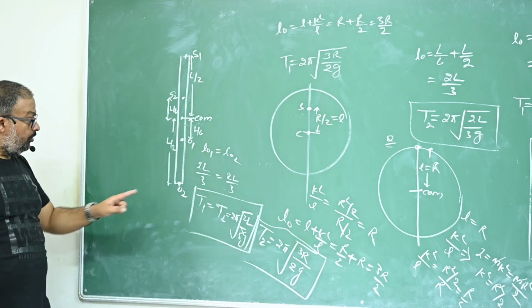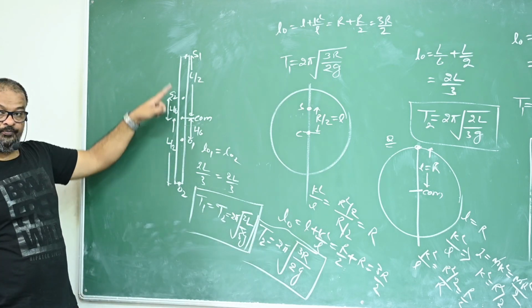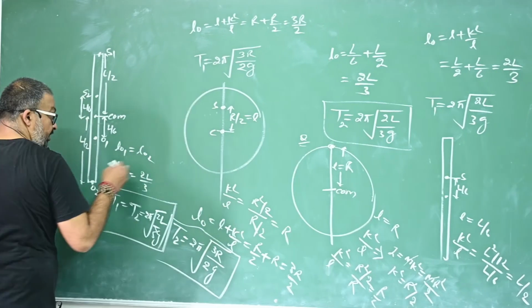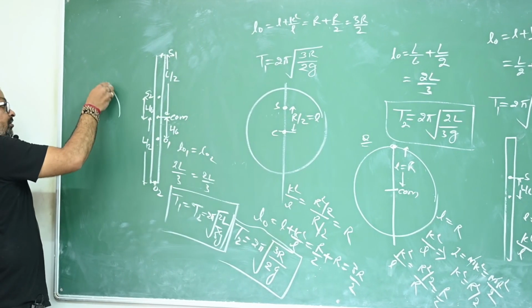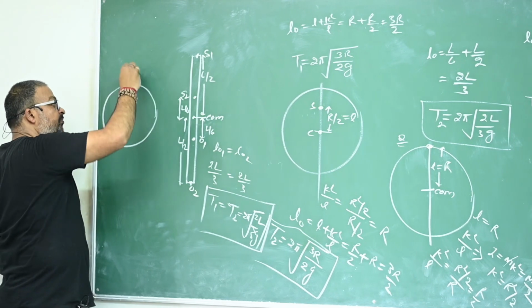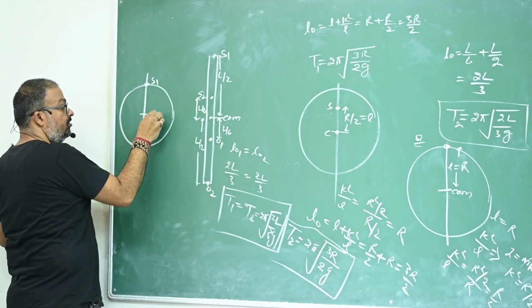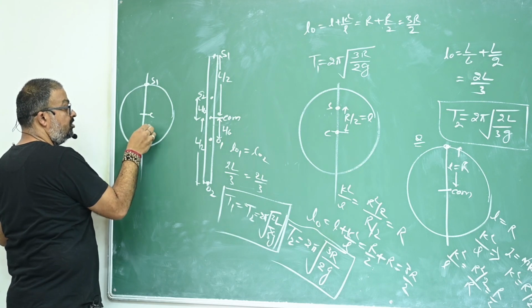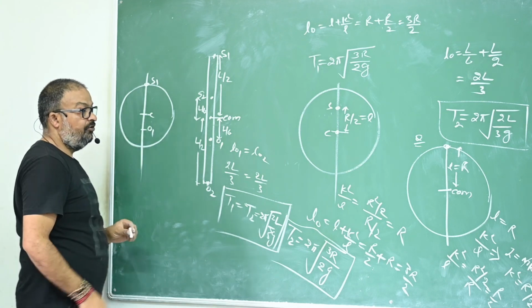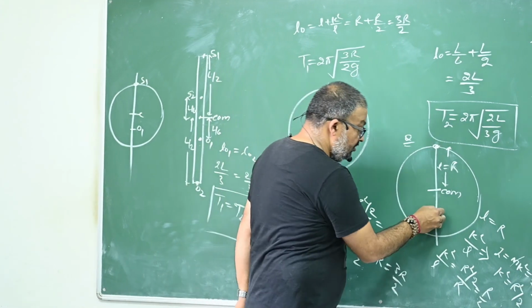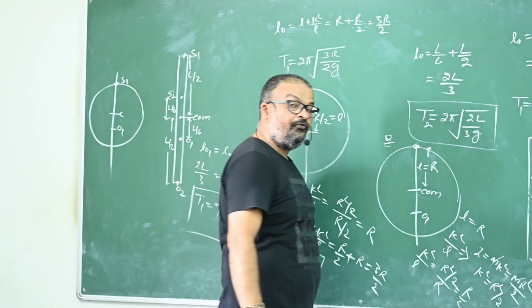That means we have 4 points on this rod about which the time period is the same, and that is equal to this much. Similarly, in the case of a circular disc, this is the circular disc. This is point S1. This is the center of mass. This is point O1. When it was suspended from a point on the circumference, this was the point of oscillation.